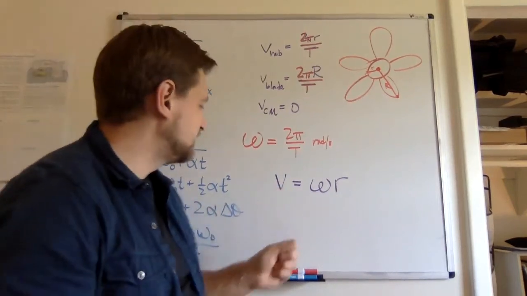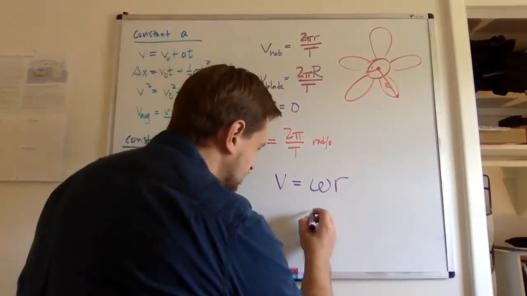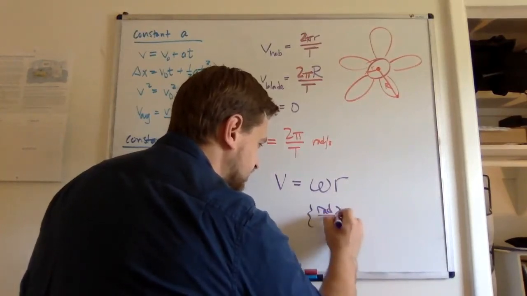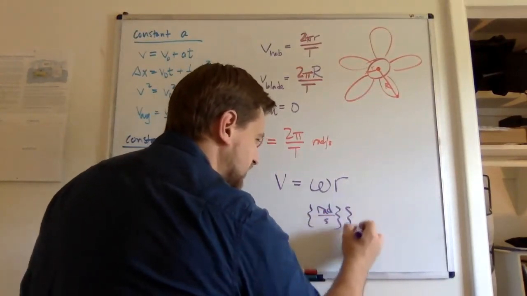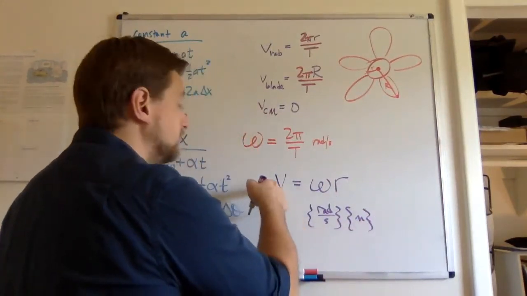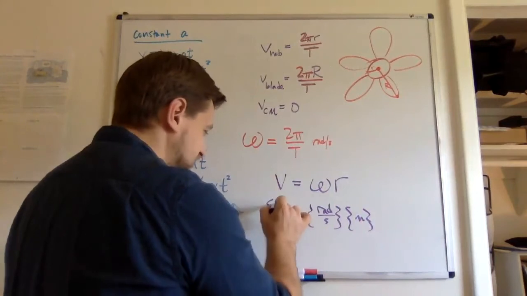That gets us, no, wait a minute. Omega is radians per second. r is in meters. And velocity, actual linear speed, should be meters per second.